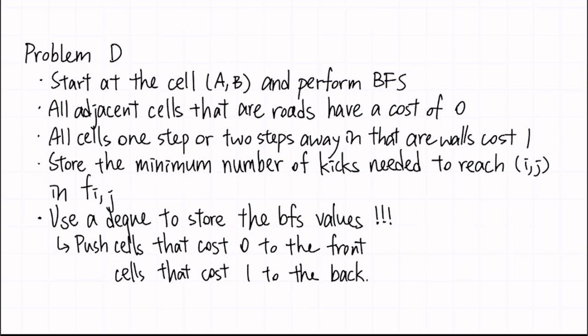This is important since if we don't do it in this order, the algorithm will have to process cells many times and it will exceed the time limit. And let's look at the code.